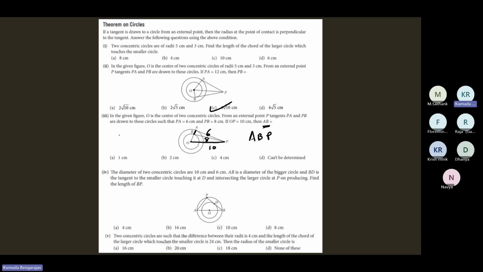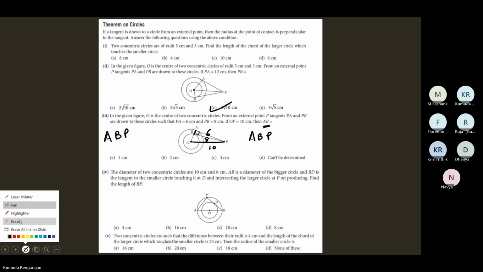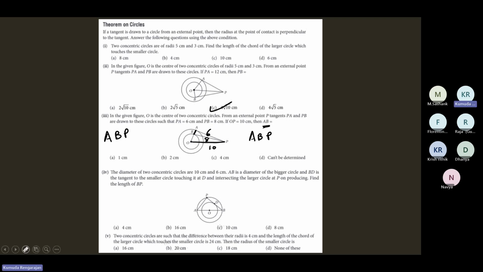Isn't this 90? OA is the radius, AP tangent. So isn't this 90? So ABP is a right triangle. Okay, now BP is given, right?